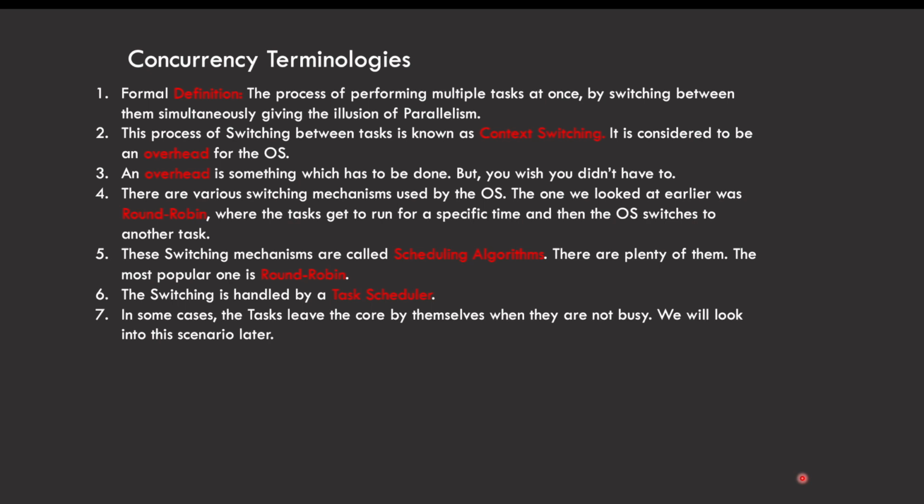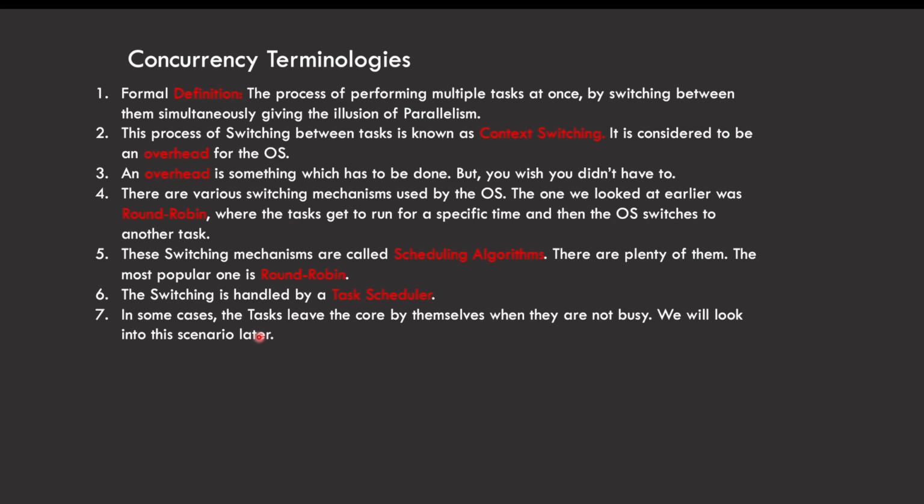So in some cases, like the one we saw in the restaurant example, not the one we saw in the earlier example, the tasks will leave the core by themselves. We will look into this scenario later, as in there is no need for a task scheduler in this scenario, okay? In some cases that we discussed in point number 7, the tasks themselves will leave the core.